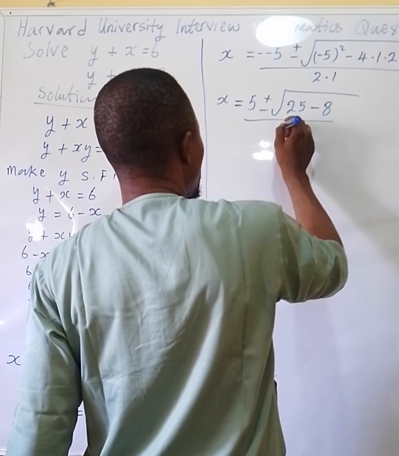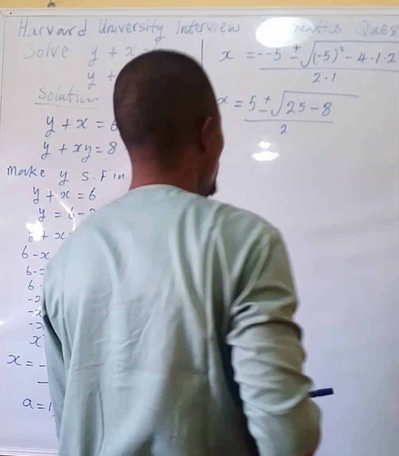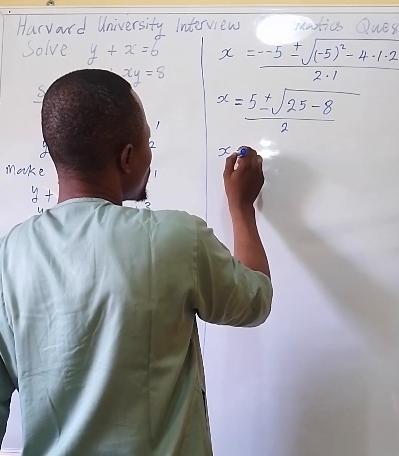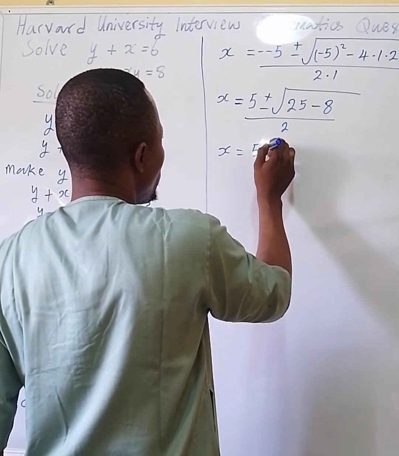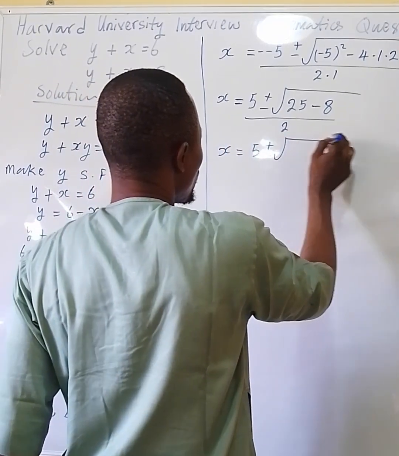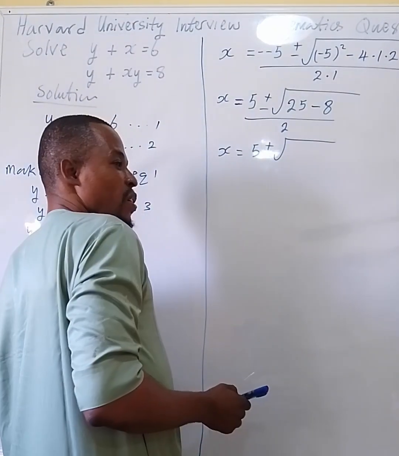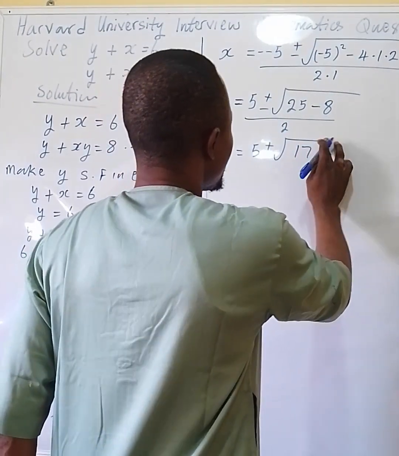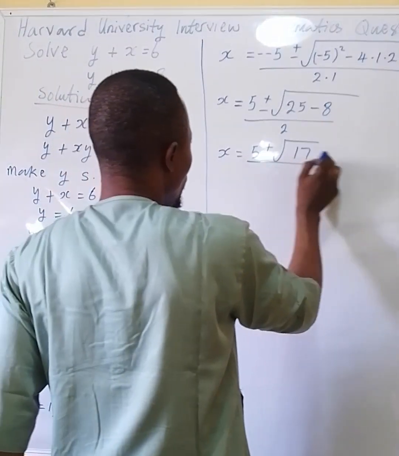Everything over 2 times 1, which is 2. Now x equals 5 plus or minus the square root of 25 minus 8, which gives us 17. So everything all over 2.